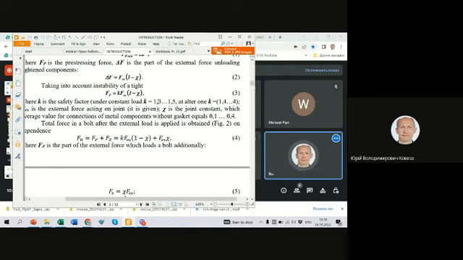And let's take it 1.5, because it may be used for constant and variable load. And he is a joint constant.